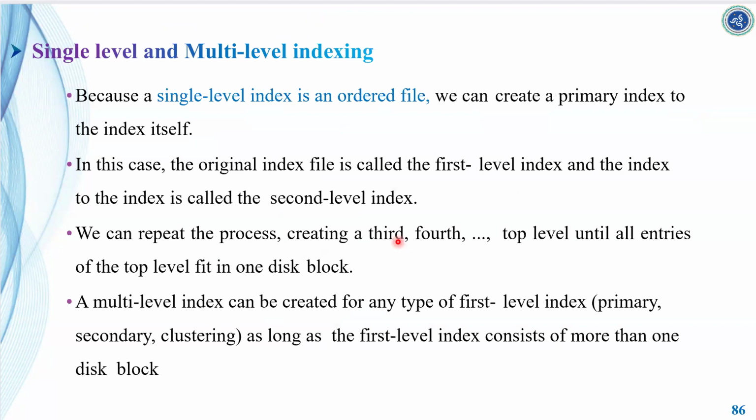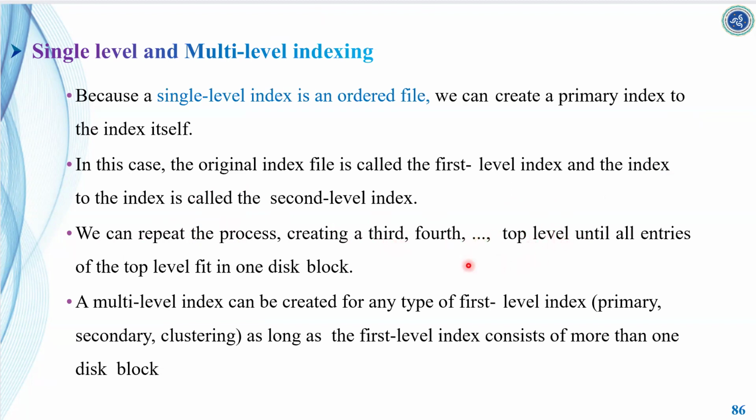Again, about single level as well as multi-level indexing. A single level means it is an ordered file, and we can create the primary index to this index itself. In this case, the original index file is called the first level index. If we want to do the second level, then the indexing has to be done on a different index. We can repeat the process for the third, fourth, etc., up to n levels.